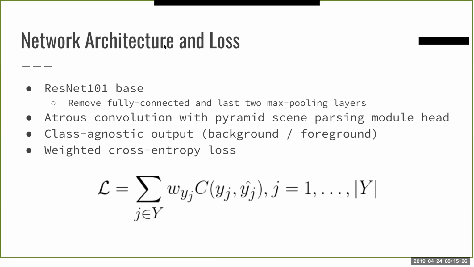So this does a classic pixel-wise output. Since you're only inputting one mask at a time, it's only doing a foreground background check. It's not checking between several classes. It really just does one.